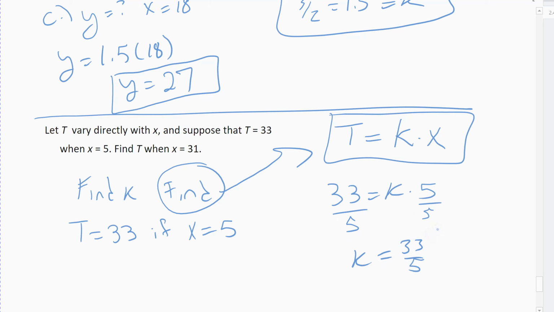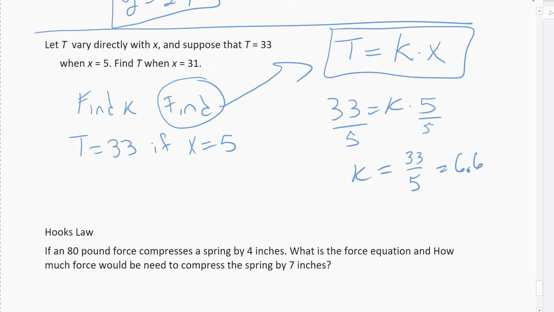So it's up to you. I would probably just leave that exact. You could change it to 6.6 if you prefer. All right, so there's k. And so my equation is t equals 33 over 5 times x.